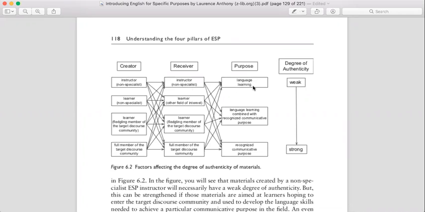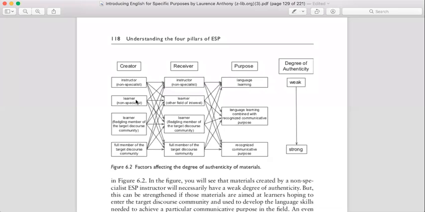Okay, so the authenticity would be very, very weak because the purpose is language learning. So there is some problem with the extraction of that sample. Moreover, this is created by someone who does not specialize in the field, or maybe is new in the field of language teaching.